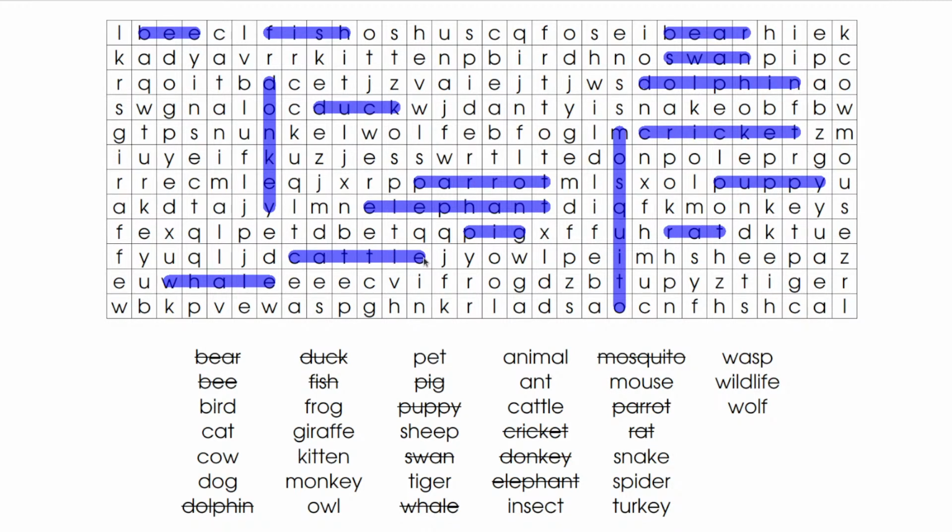I think there's cat and there's cattle as well. So no, the same word doesn't double up. So we've also got wolf. I think ant is going to be there as a very small insect. Turkey.